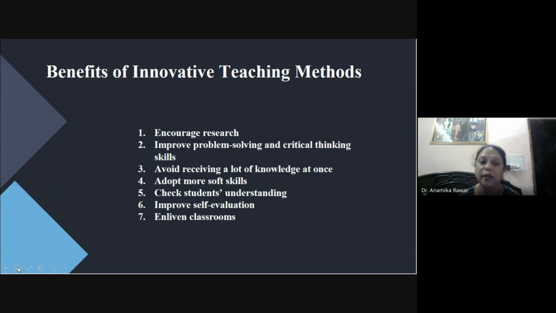So according to the individual students, we have to understand what their needs are, how they can cope up, how they can understand, how they can accept whatever you tell them. So we have to make some solution, some methodology according to the perception of students, what they want, how they learn, how they can understand.